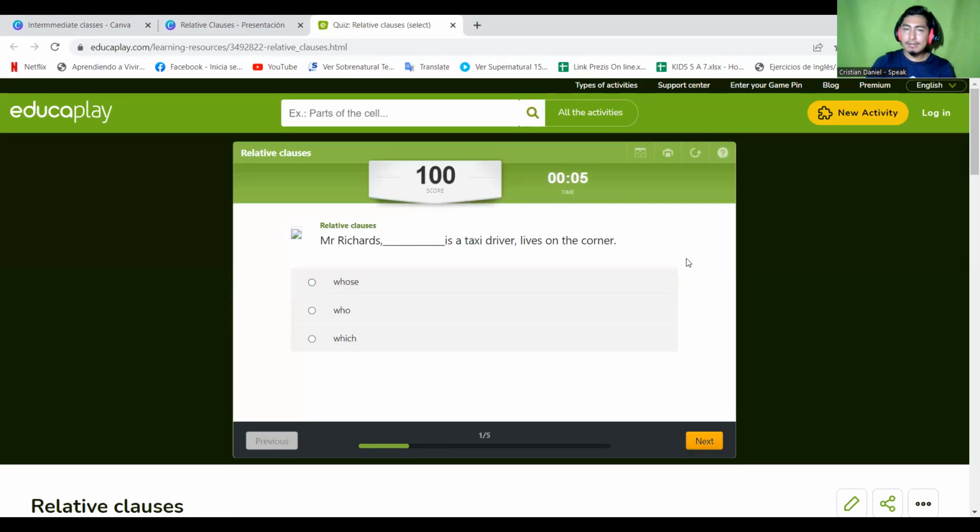Mr. Richards, look at this, comma and comma. So this is a non-defined relative clause, but that's not the important thing, okay? Mr. Richards is a taxi driver, lives on the corner. What do you think is the correct word? What is the correct relative pronoun?